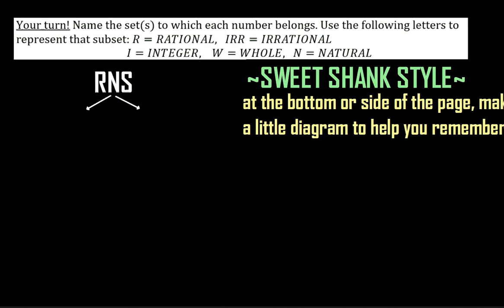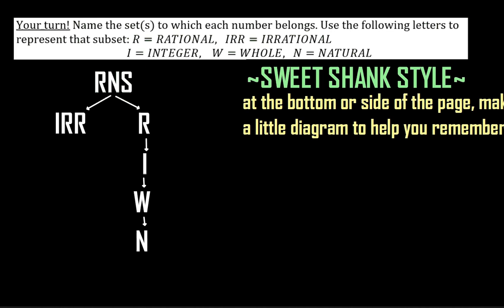I have the irrational numbers on the one side, and I have my rationals on the other. Underneath of that, those don't have to be big arrows, just little tiny ones pointing to it, we have integers, whole numbers, and natural numbers. If you're able to write that down for yourself anywhere on the page, it will help you vastly understand this idea.